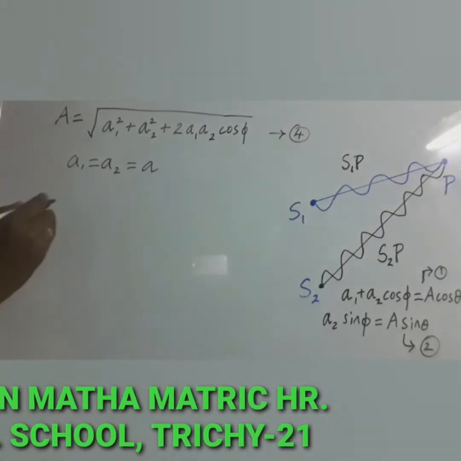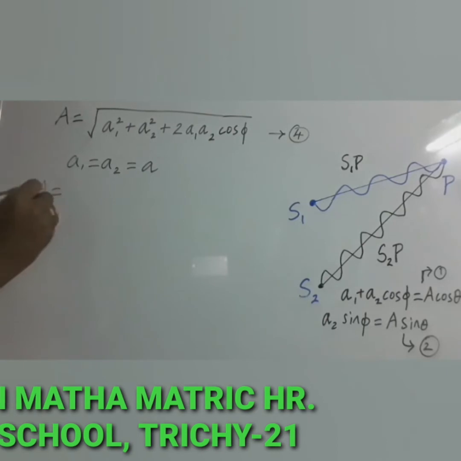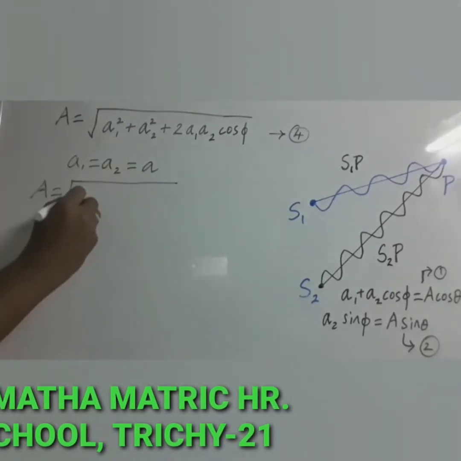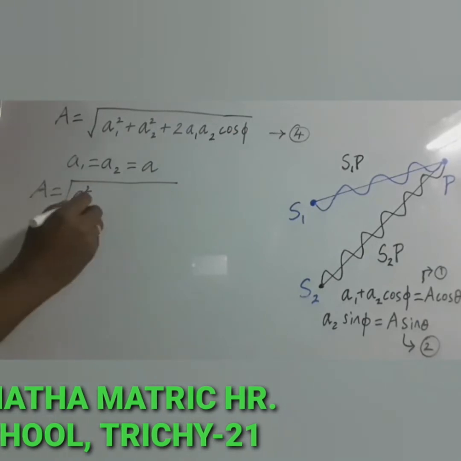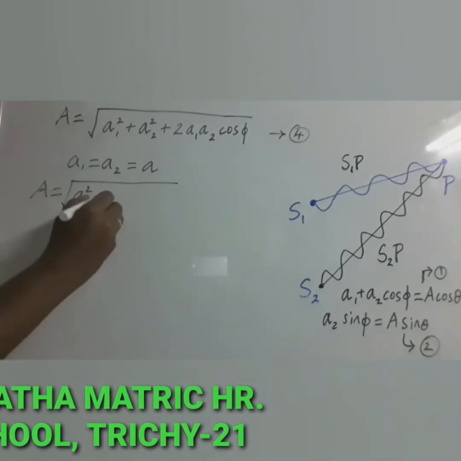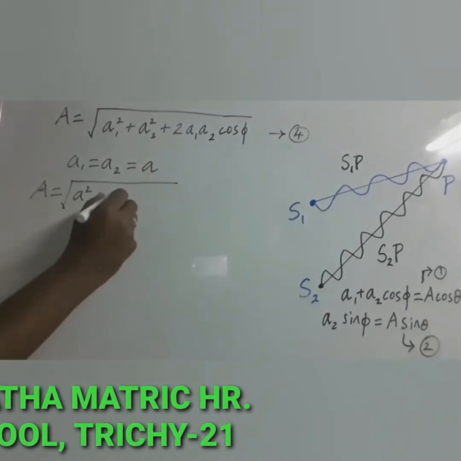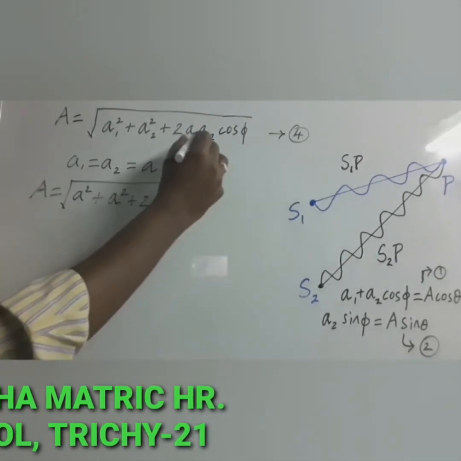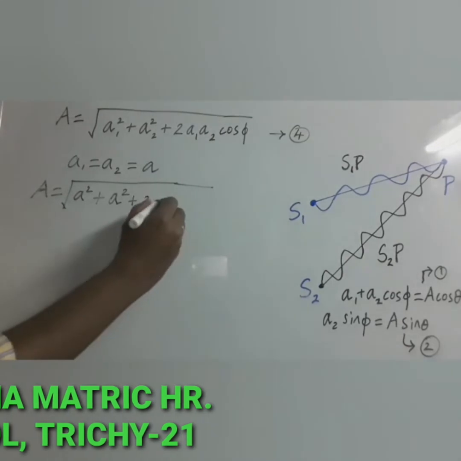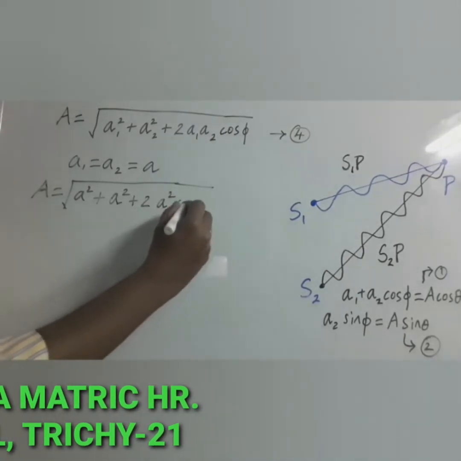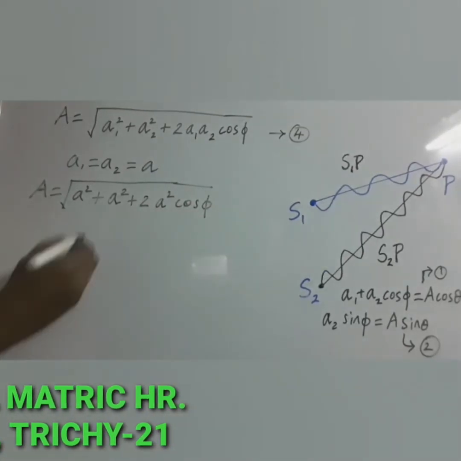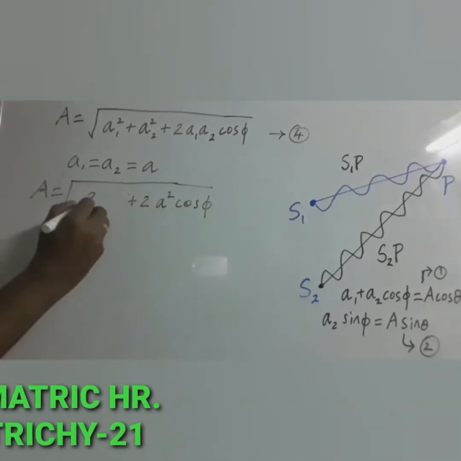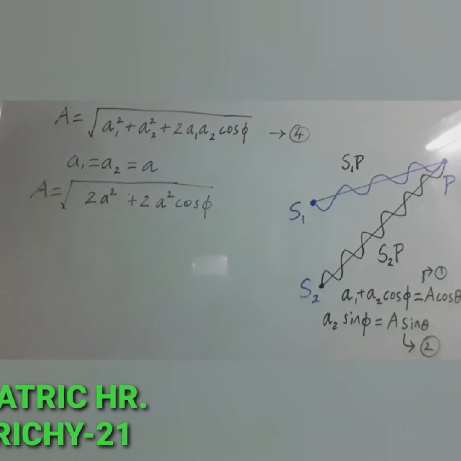Then equation 4 can be rewritten as A equal to root of, instead of A1 square you can write A square itself, plus A2 square can also be written as A square itself, plus 2. Here A1 into A2, both are equal now, so A into A, that is A square, cos phi. So these two terms can be added and written as 2A square.